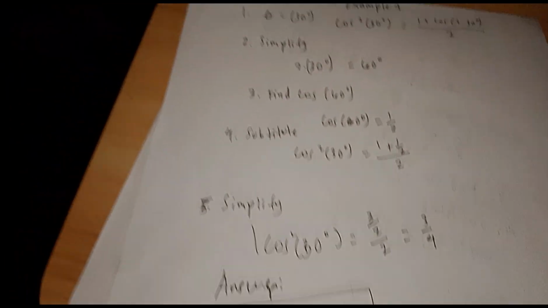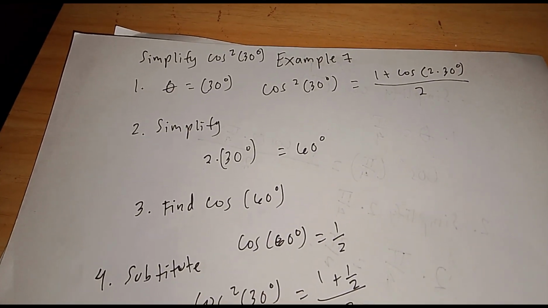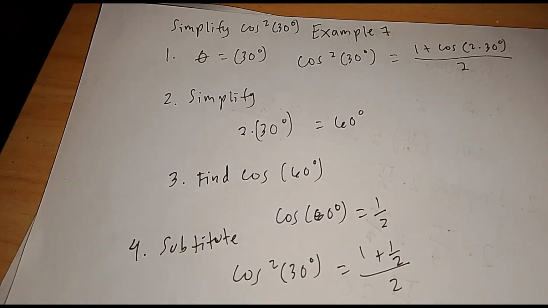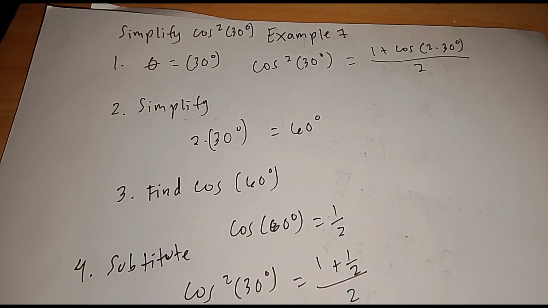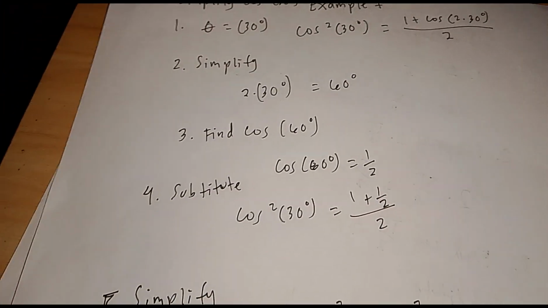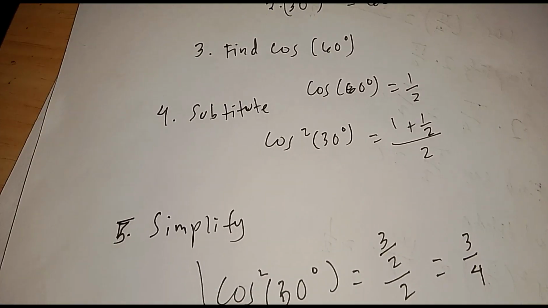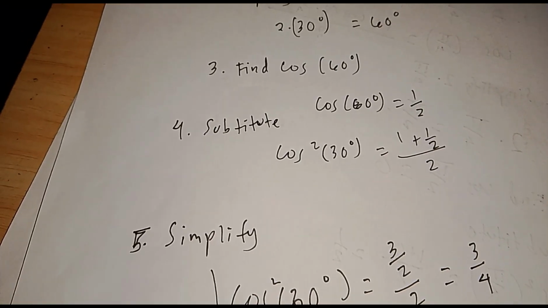Next is example 7, cosine squared 30 degrees. So theta is equal to 30 degrees. Again, substitute theta with 30 degrees. Simplify, 2 multiplied by 30 degrees is equal to 60 degrees. Substitute 60 degrees into the formula. We get cosine 60 degrees equals 1/2.